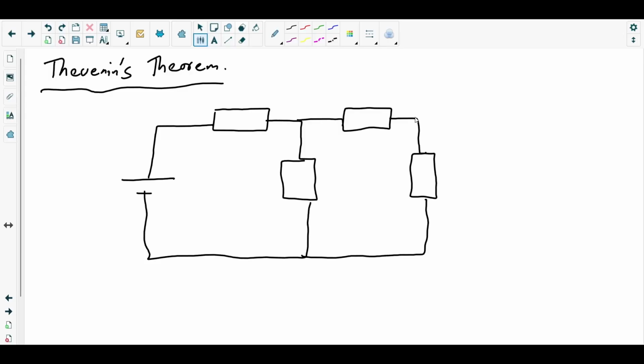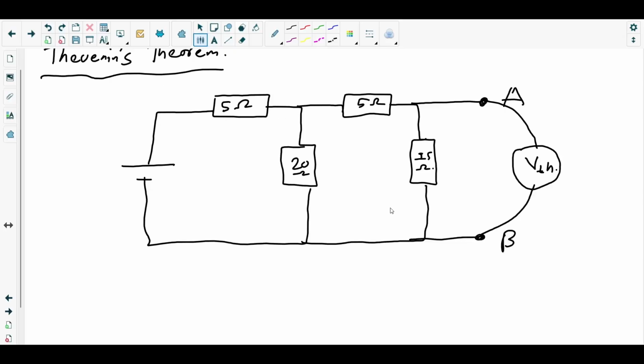Let's say this is A, this is B, so the PD across this terminal will be the VTH. Okay, this is the circuit after the load resistor has been taken out.